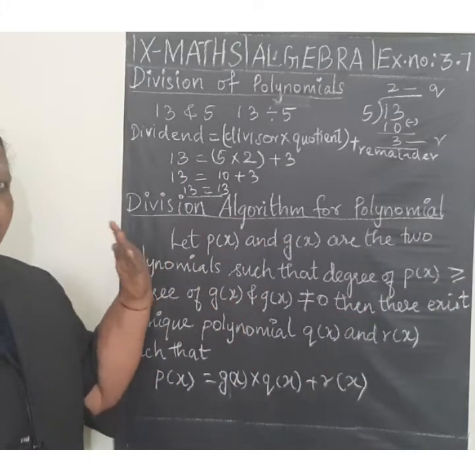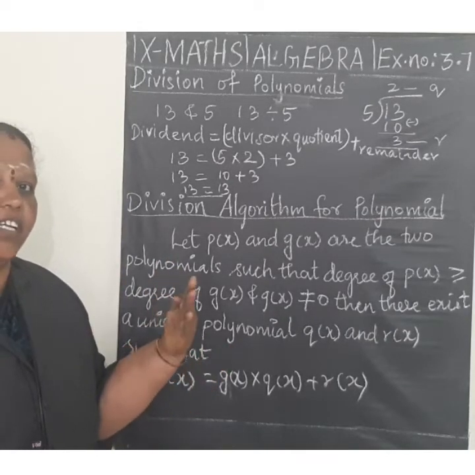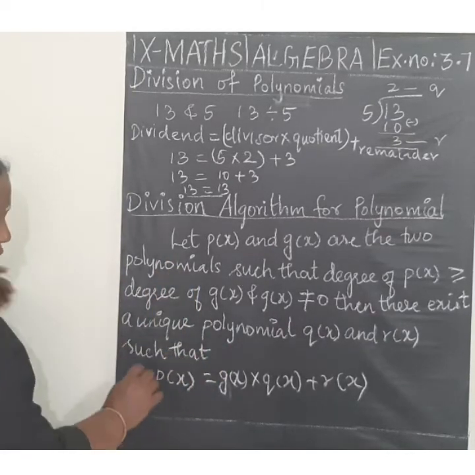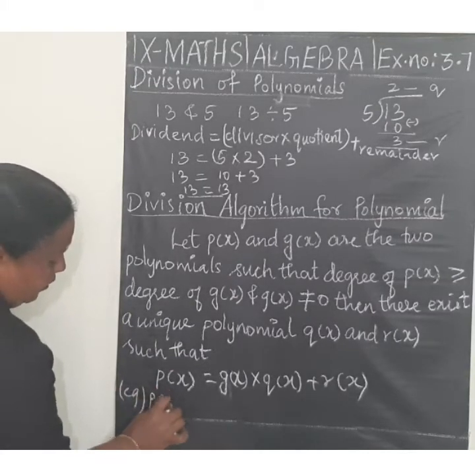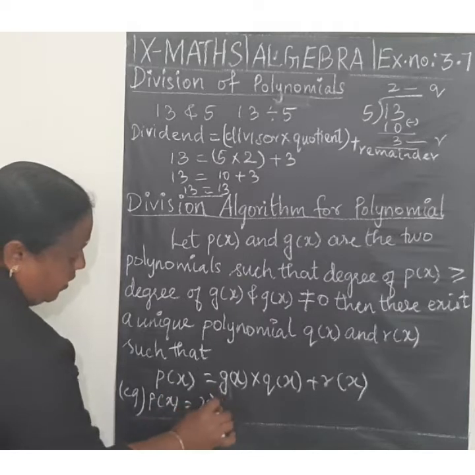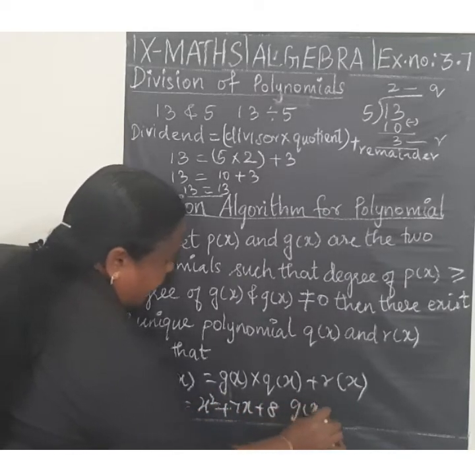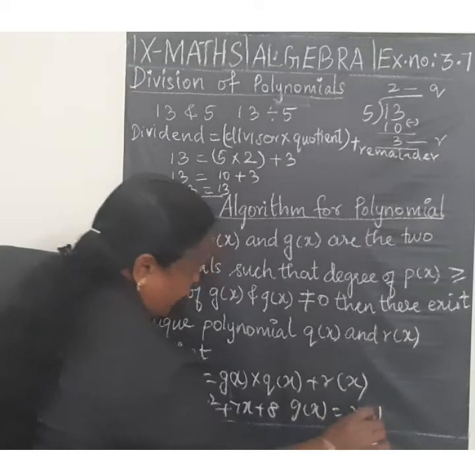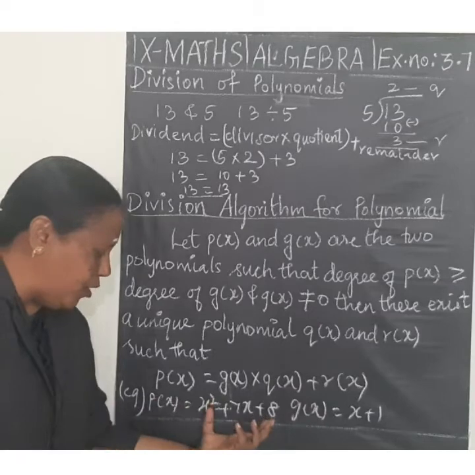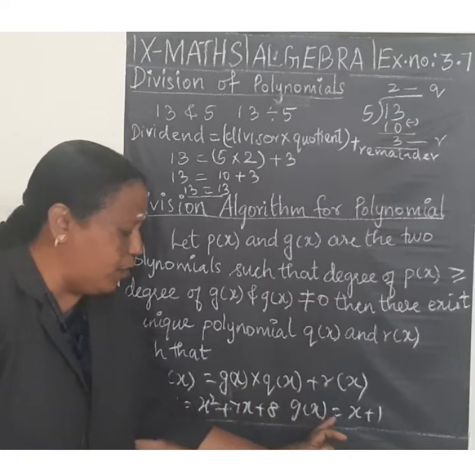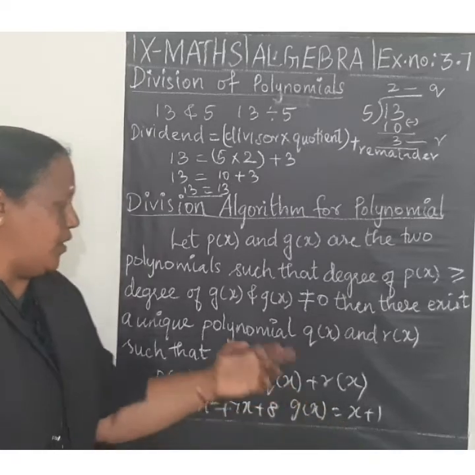For example, p of x is equal to x square plus 7x plus 8, and g of x is equal to x plus 1. Here the degree of p of x is 2, and the degree of g of x is 1.